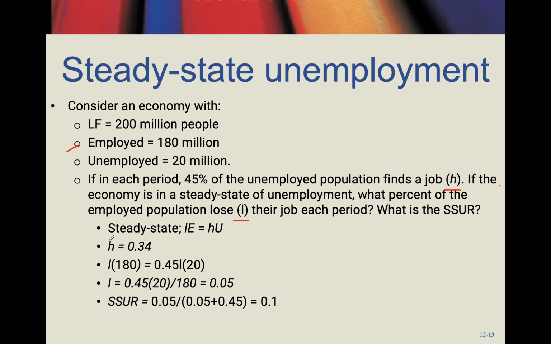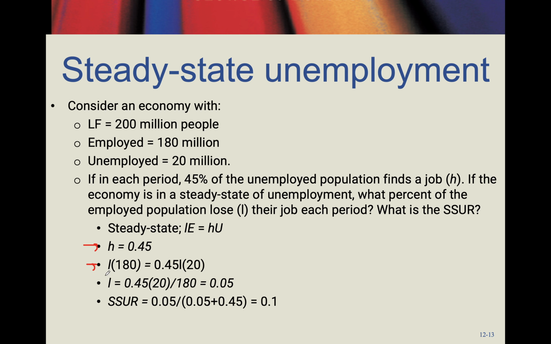To solve this problem, first, we express the steady state condition where L times E should equal H times U. Since the level of H is given to us, which is 45% or 0.45. There's a mistake here. Let's correct that. So H equals 0.45. Therefore, we can express the steady state as follows.